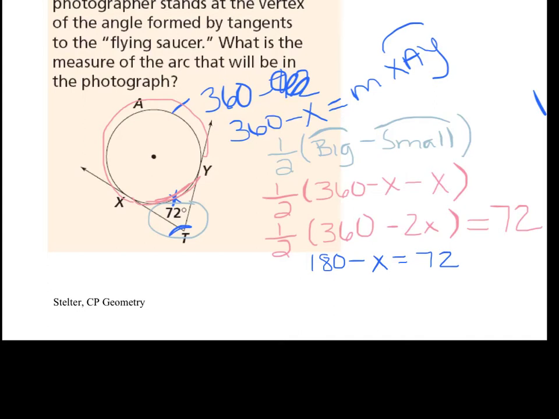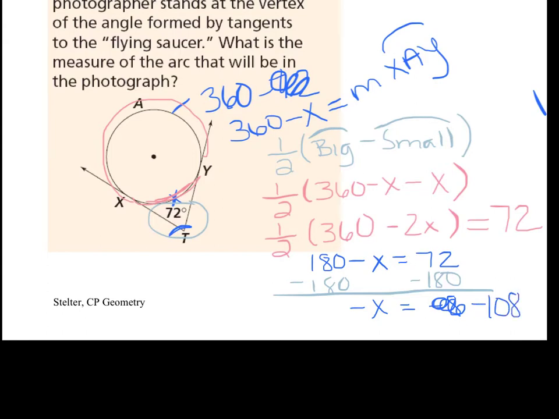So I'm going to go ahead and subtract the 180 from both sides. So I end up with negative x, don't forget to bring that negative with it, equals -108. Sorry, not -8, -108 rather. Let me redo that. -108.